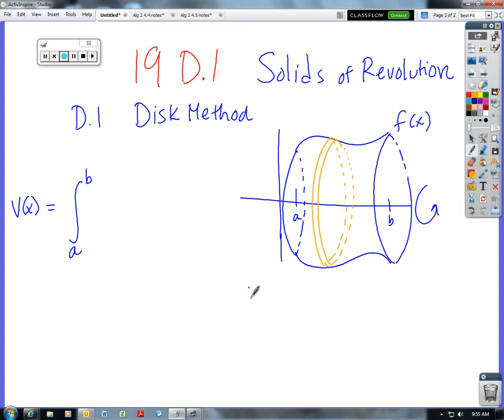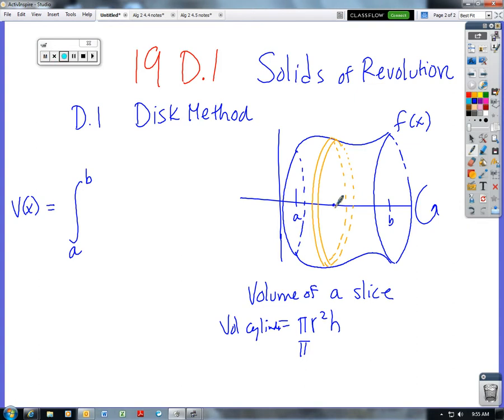So I need to find the volume of a slice, because I'm going to be summing up these volumes. And the slice is a cylinder, so the volume of a cylinder is pi r squared times h. The pi is a constant. What's the radius of my cylinder? Well, the cylinder is kind of on its side.